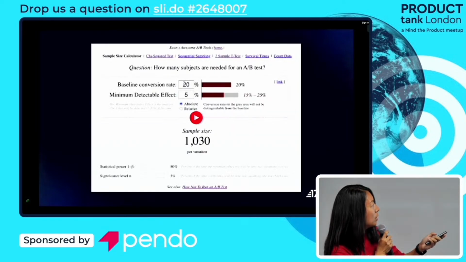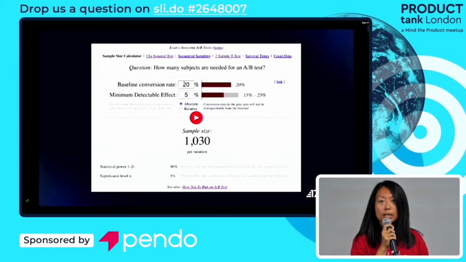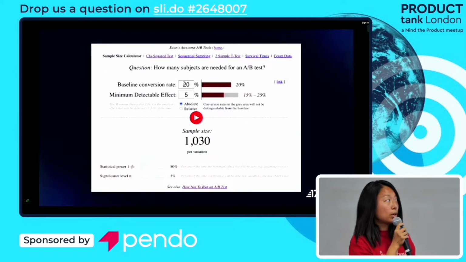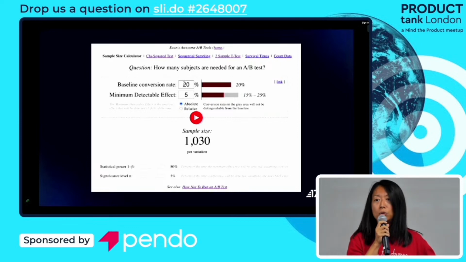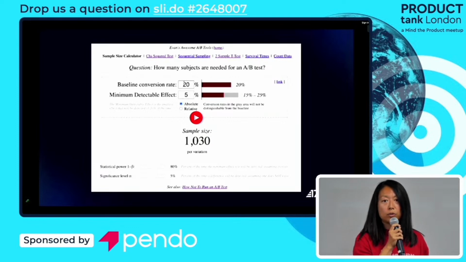So you want to know the expected effect you're trying to uplift. So in this case, you might want to say, okay, this test is only worthy for me to roll out the results if I see a 5% difference. So if I moved it from 35% to 40%.